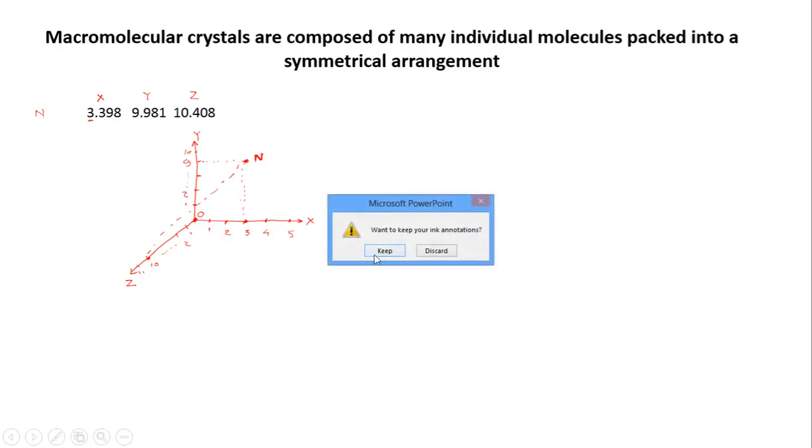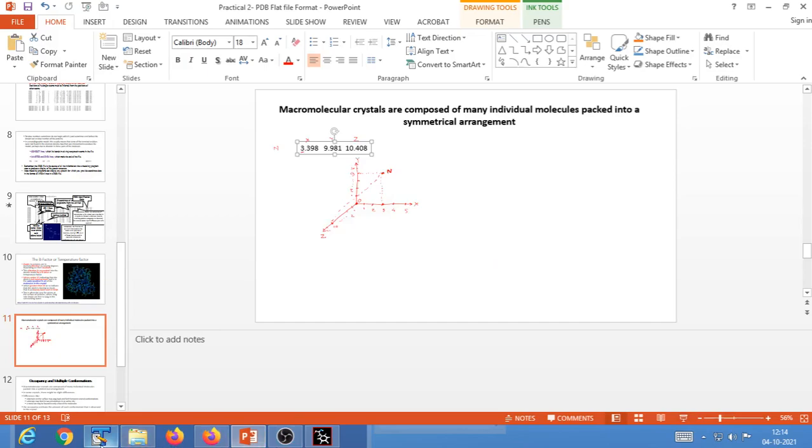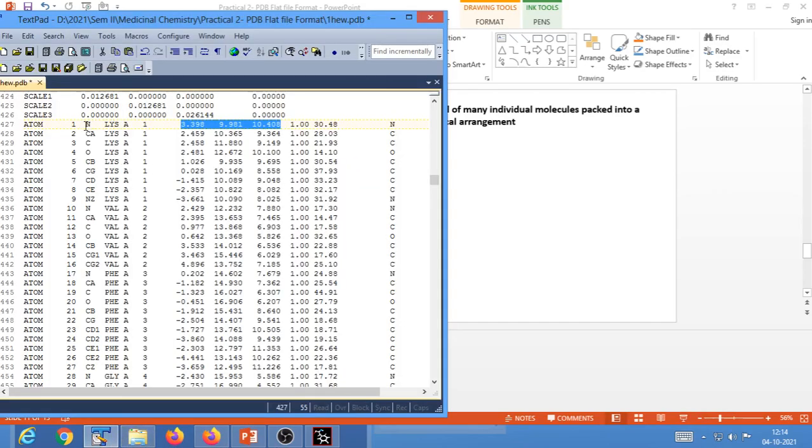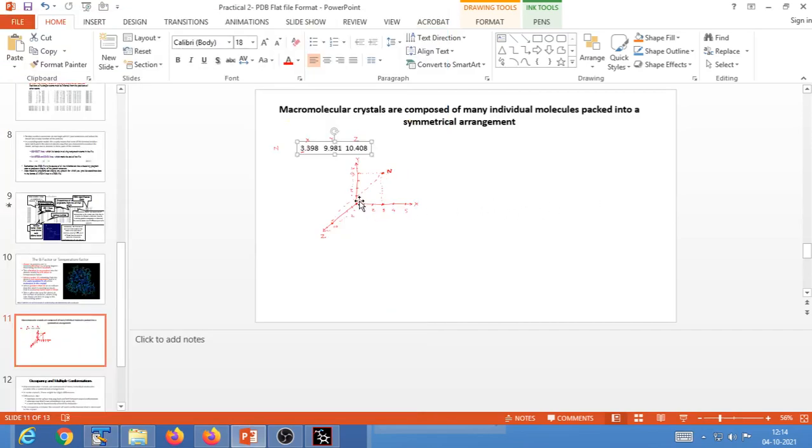Each and every line in your PDB file starts with an atom, and each atom will have the 3D coordinates. The first column corresponds to the x coordinate, the second column to the y coordinate, and the third column to the z coordinate. These coordinates are in reference to the origin of your Cartesian system.